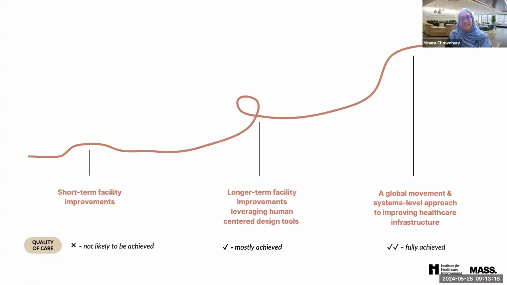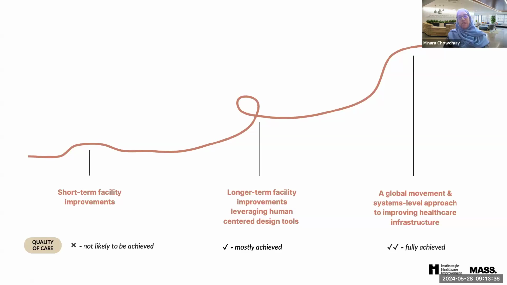So this is a bit of an abstract graphic, but we've been thinking a lot as a team about the relationship between the construction or physical improvements of facilities and quality of care.